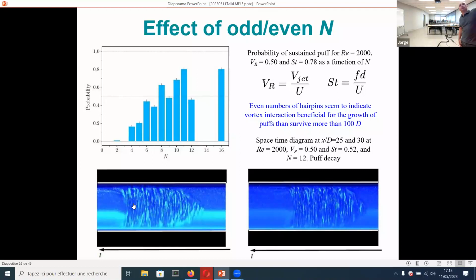And we can also fix the number of waves that we introduce. It's not very clear, but it looks like the even numbers have a higher probability than the odd numbers to create a turbulent puff that will survive. This is very much work in progress, but this is the kind of thing that we could do with this synthetic jet.